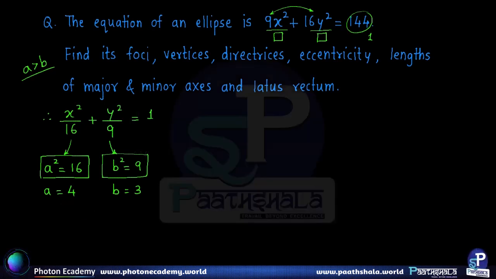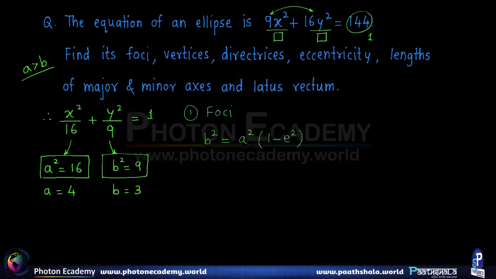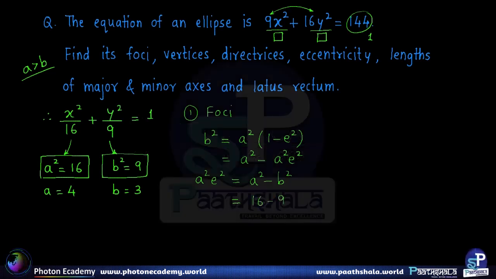So first one, foci. Now if you observe, in the derivation we have b square is equal to a square into 1 minus e square. So on expanding we get a square minus a square e square. That gives us a square e square is equal to a square minus b square, and a square minus b square is nothing but 16 minus 9, which is equal to 7.